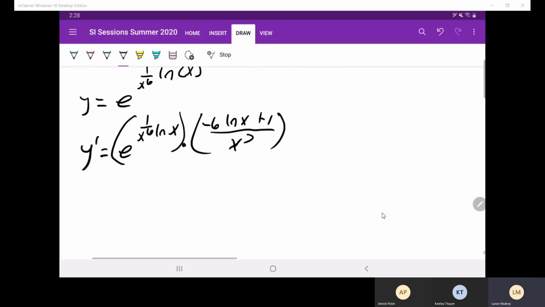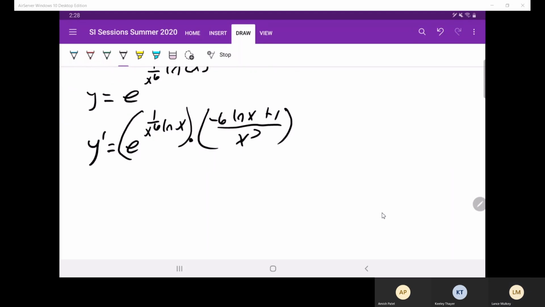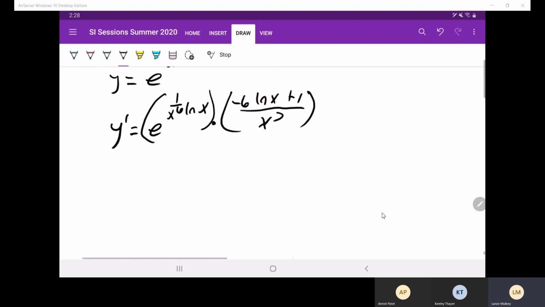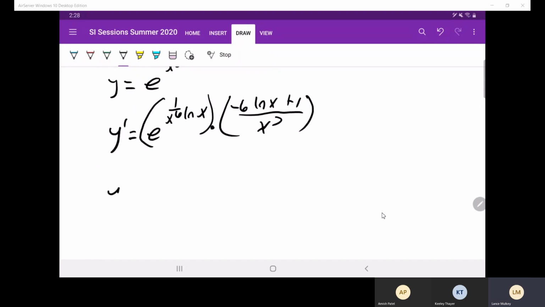So this is a pretty gnarly problem. I'm going to skip the simplification because that's ridiculous. But apparently it equals x to the 1 minus 7 x to the 6th over x to the 6th times -6 natural log of x plus 1.